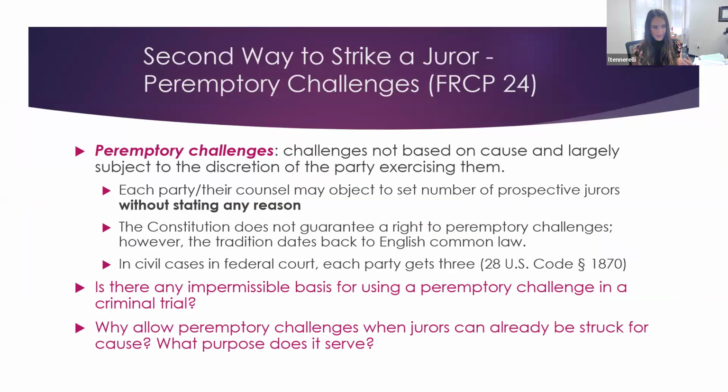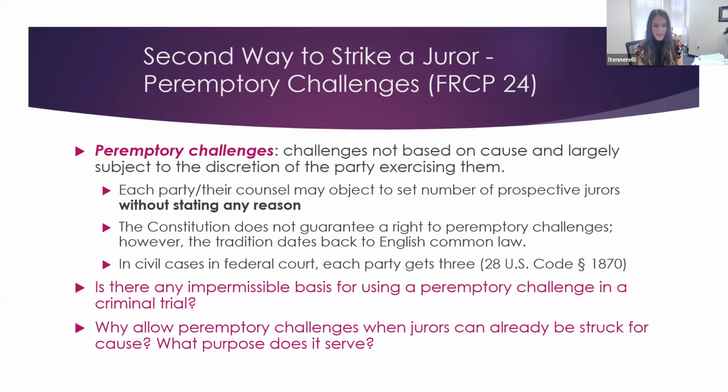So no reason is stated. And peremptory challenges don't come from any constitutional right, but from a federal statute, which comes up in our case. Prior to Edmonson versus Leesville, there was a case called Batson versus Kentucky that asked the same question, but in the criminal context.